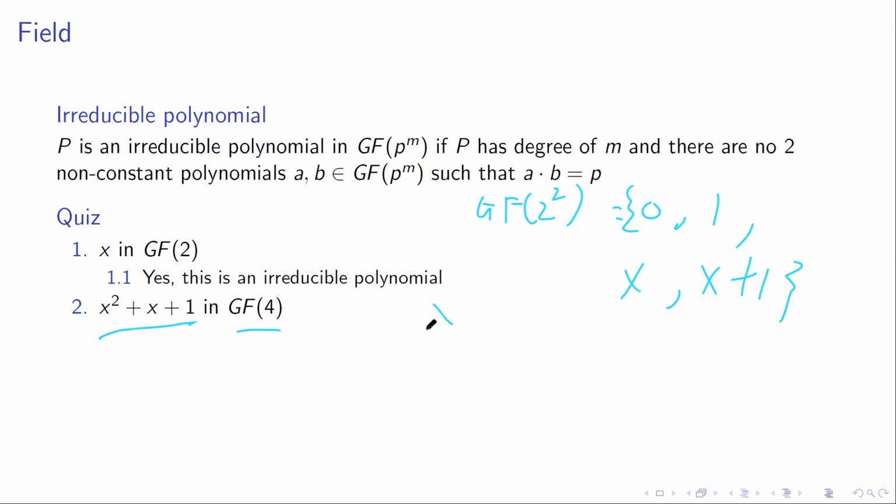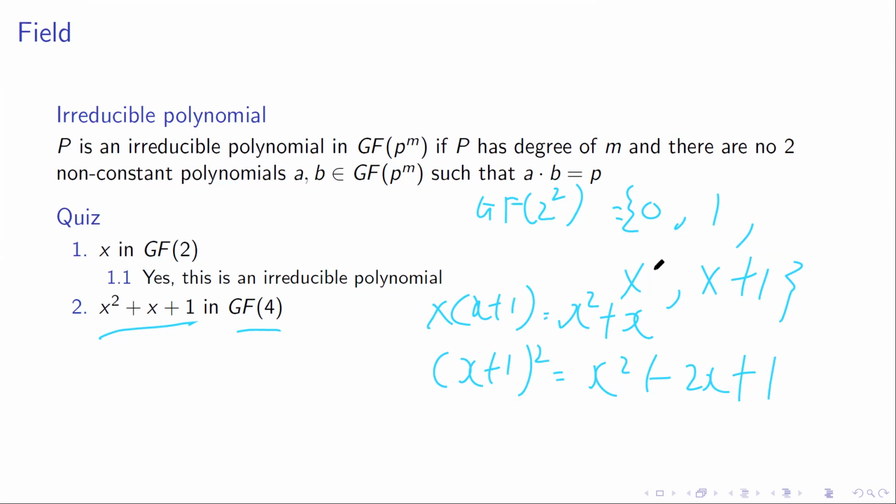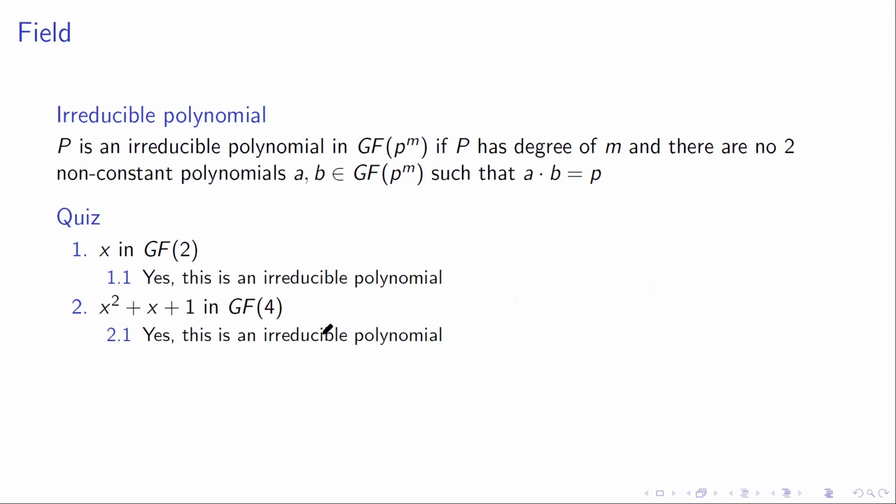Let's try. x times x plus 1, we get x squared plus x. And x plus 1 multiplied by itself, we get x squared plus 2x plus 1. So we can never get this. So this is an irreducible polynomial. But what about this? Is this also an irreducible polynomial?